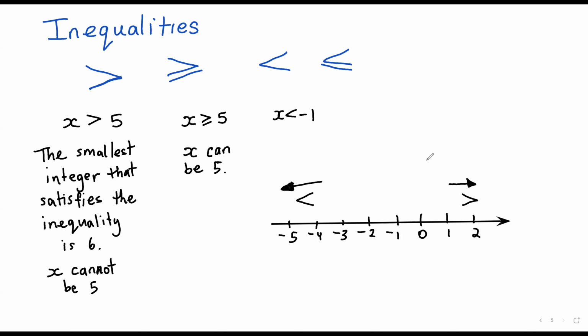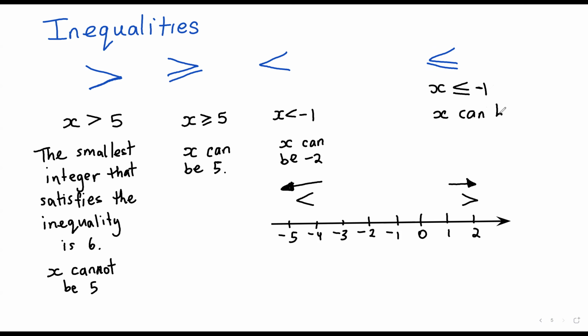The largest value that x can take in this case would be -2, so x can be any number that is -2 or less if we're looking at integers, right? Now, if x was less than or equal to -1, then x can be -1 or any number less than that.